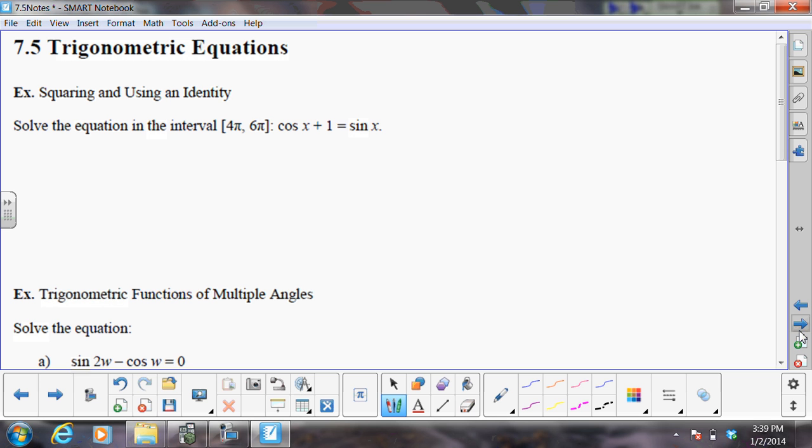So to solve the equation, we're just going to do it between 0 and 360. Instead of changing it, we'll just keep it the same. You could do this in calculator, but let's do it algebraically. So we're going to square both sides.